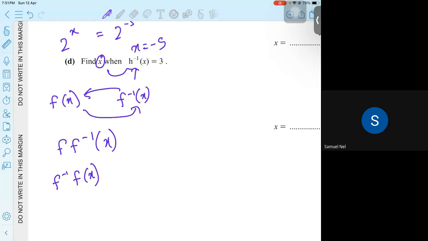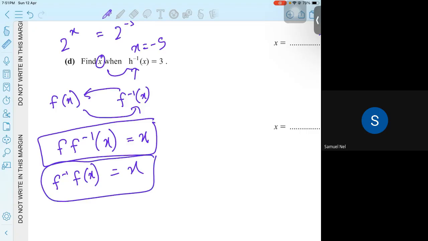We are allowed to do these, right? This is equal to x. This is equal to x. Regardless of what the f(x) function is, even if it's a trigonometric function, a straight line equation, a quadratic equation, cubic equation, doesn't matter. As long as it has an inverse, you can use this property. We can use this property as well. So let's try seeing that.